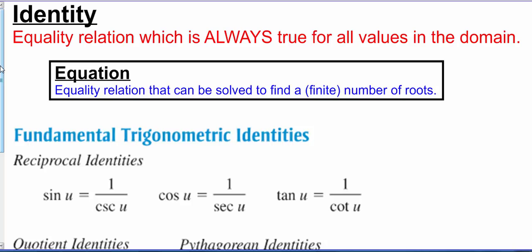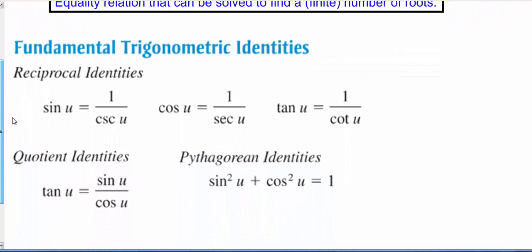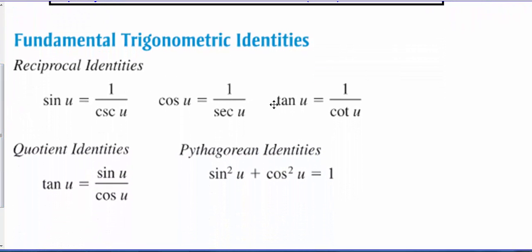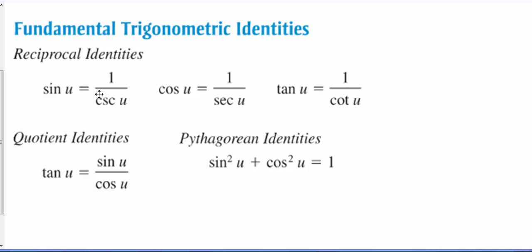So we've seen a couple of them already, specifically the reciprocals you've used in the past. Sine of any angle is always going to give me the exact same answer as 1 over cosecant of that angle. The definition of cosecant is the reciprocal of sine. There are a couple more that we'll look at today.